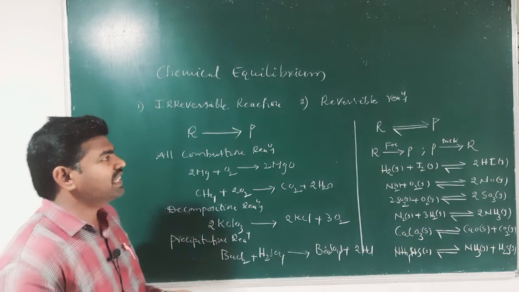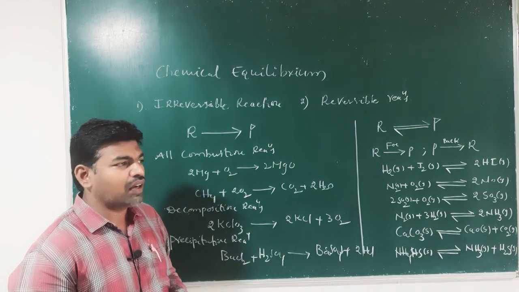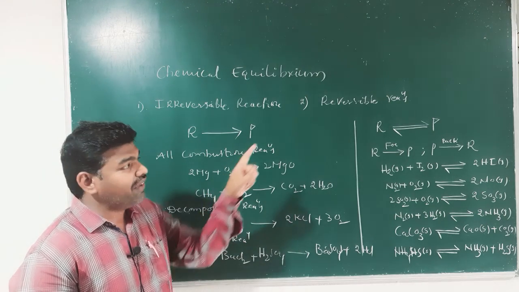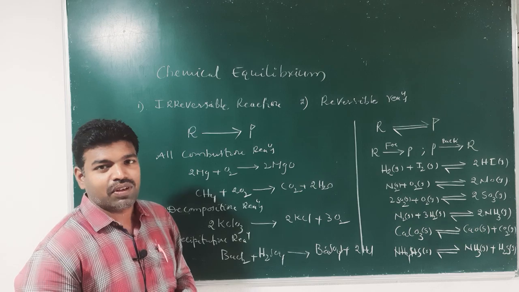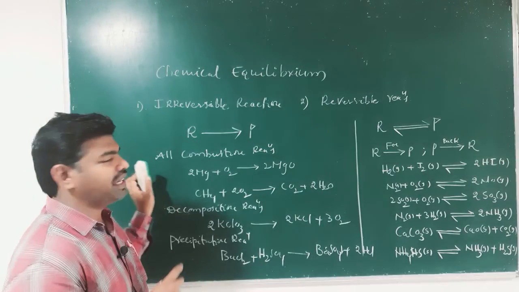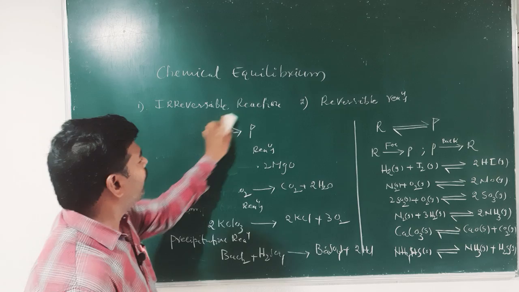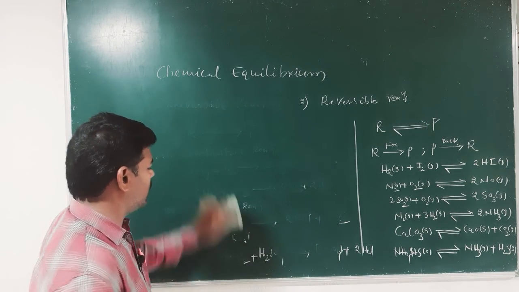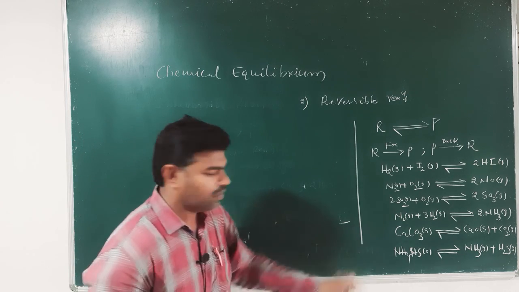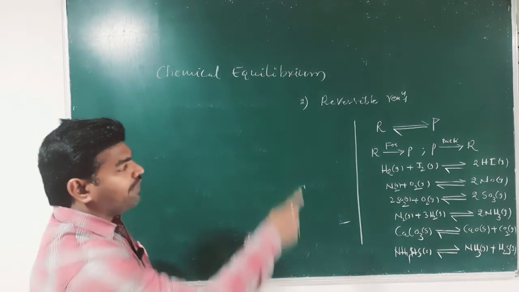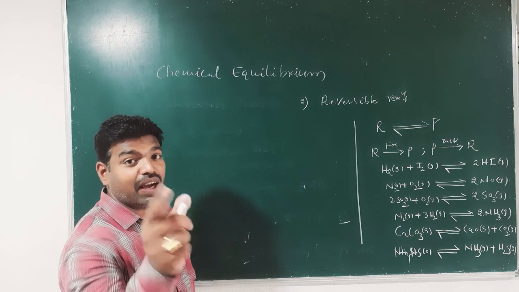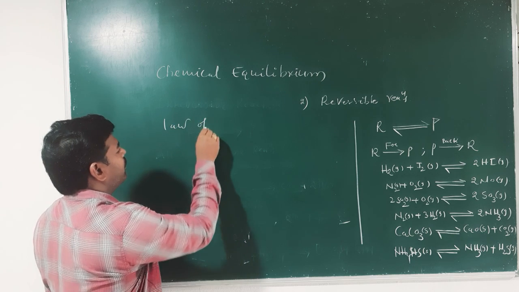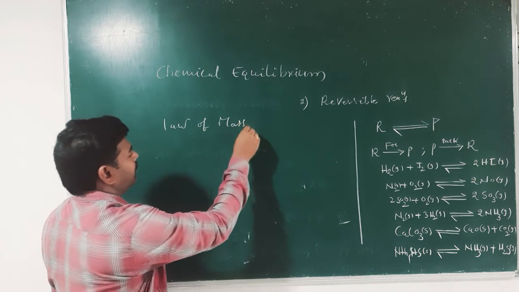In this chemical equilibrium chapter we always confine ourselves to reversible reactions, not irreversible reactions. So, for reversible reactions we can apply the law of mass action.